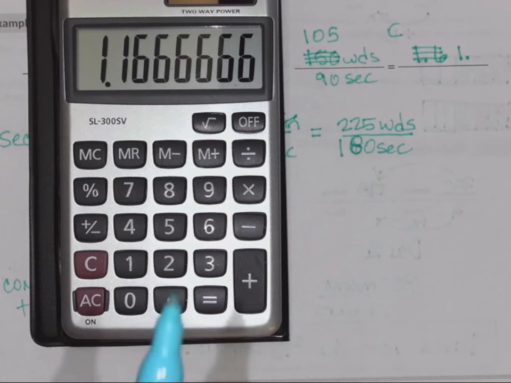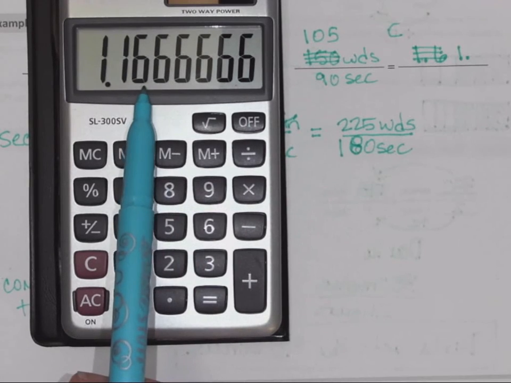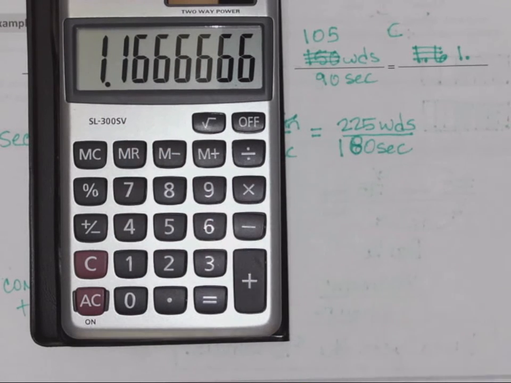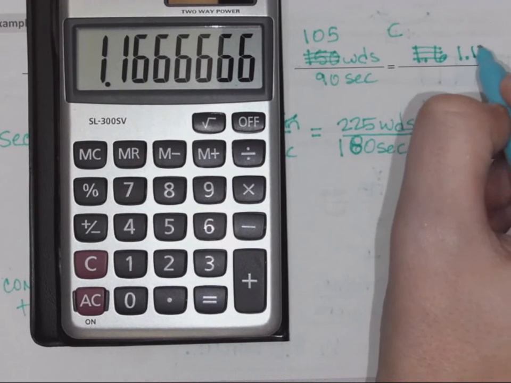Persephone, I'm rounding to 2 decimal places, so I want 2 numbers after the decimal. What would it be? 1.16? Michaela? 1.17. Can you tell us why?